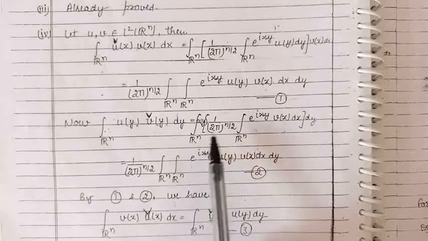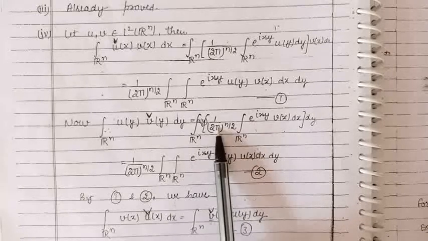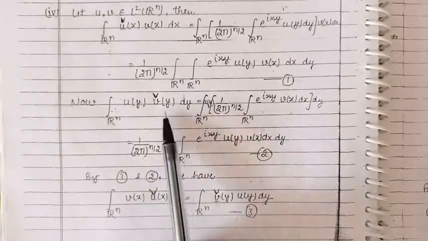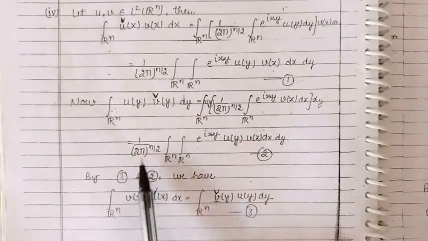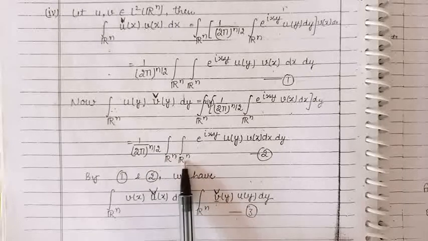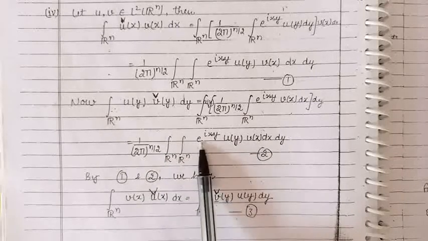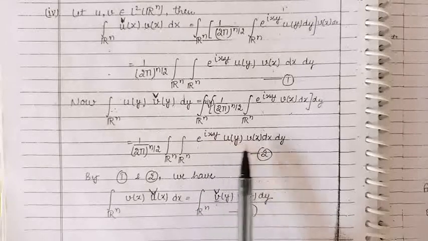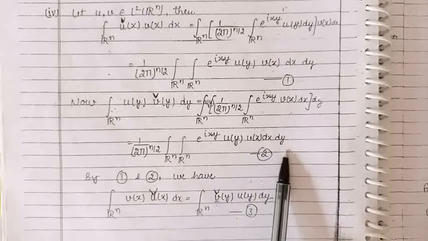Now taking 1 upon (2π)^(n/2) out of the integral, this can be written as 1 upon (2π)^(n/2) into double integral over Rn e raised to the power iota x dot y into u at y v at x dx dy.